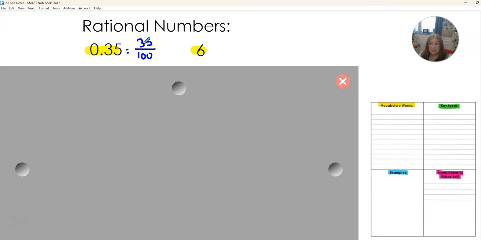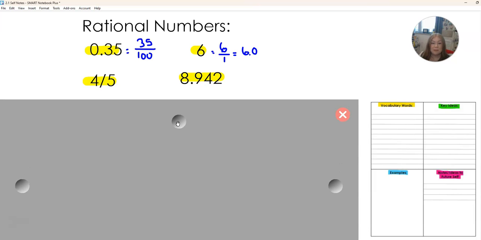It can just be written as a fraction or an ending decimal. Now 6 is an integer. It's a whole number, but it can be written as a fraction. 6 over 1. 6 divided by 1 is 6. I could write it as a decimal, 6.0. So 6, it is an integer, but it's also a rational number.